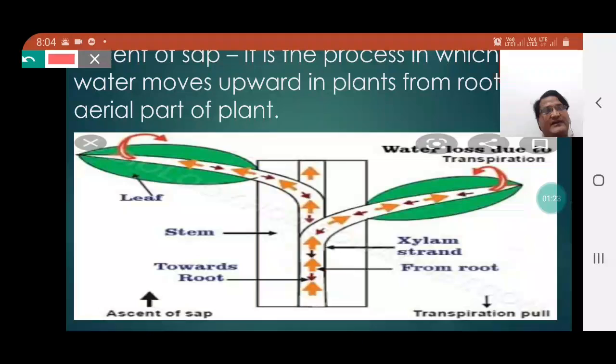Students, let's understand the concept of ascent of sap with the help of this picture. Here we can notice that there is a leaf.